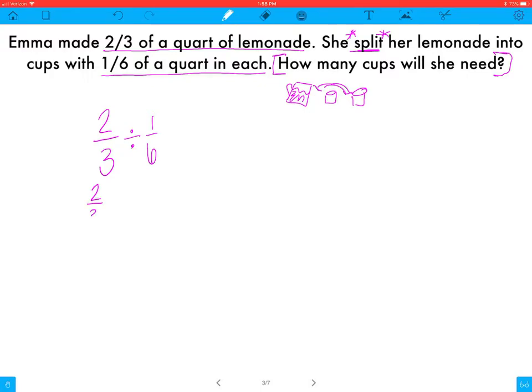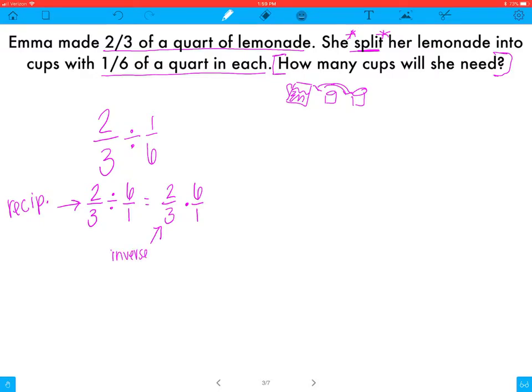So if I were to do this, I'm going to first find the reciprocal, which is 6/1. I abbreviated on here, the recip, which is reciprocal. I'm going to do the inverse operation, and then I'm going to multiply straight across, which ends up being 12/3.